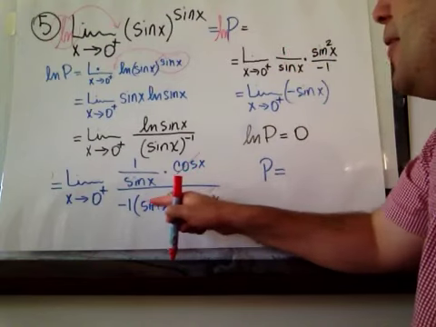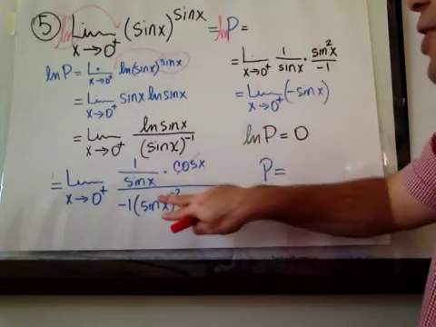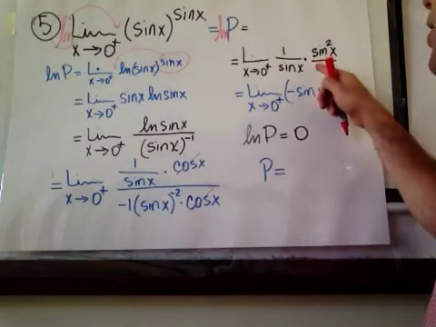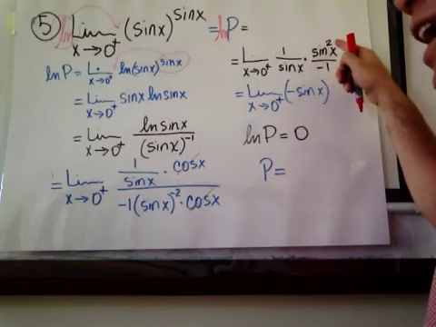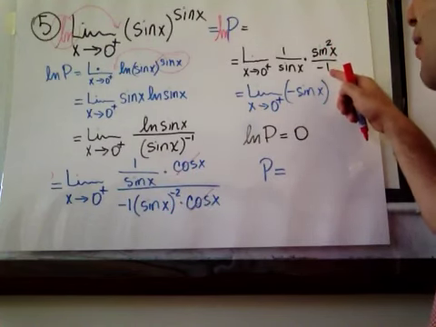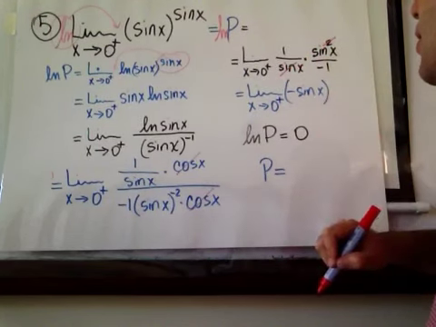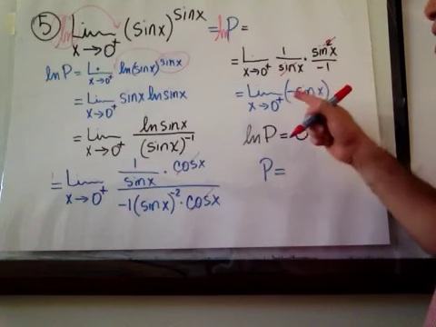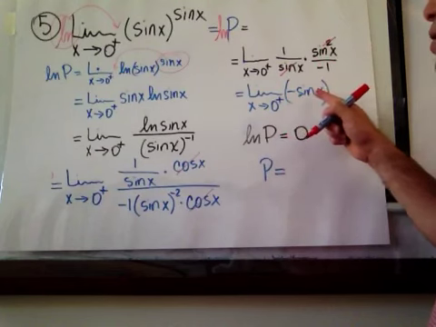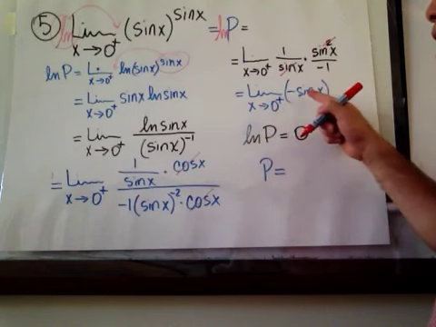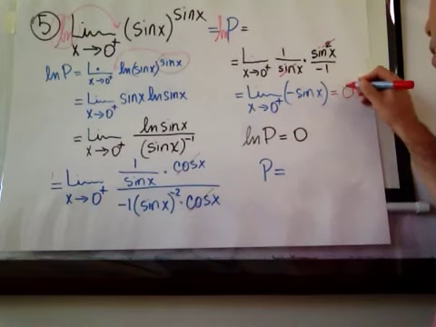Instead of dividing, I'm going to write times the reciprocal. Well, the square can cancel. So I got negative x squared over sine. The limit as x goes to 0 is 0.